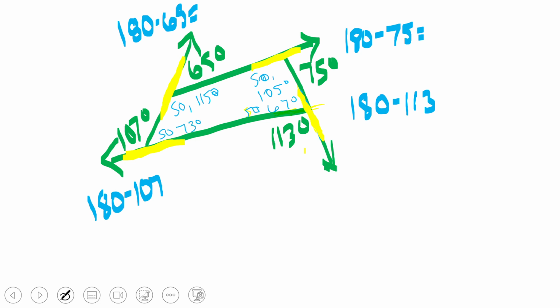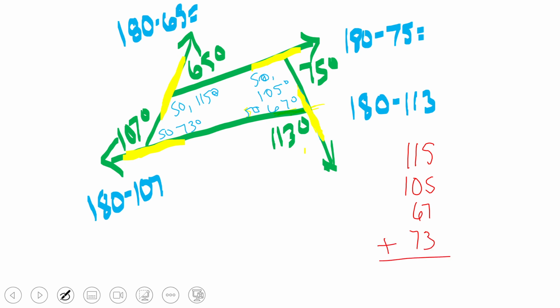Alright, got through that. Now, if we need to check our interior quadrilateral angles, we know the measure needs to equal 360 degrees, so we can just check it real quick. All right, 115 plus 105 plus 67 plus 73.